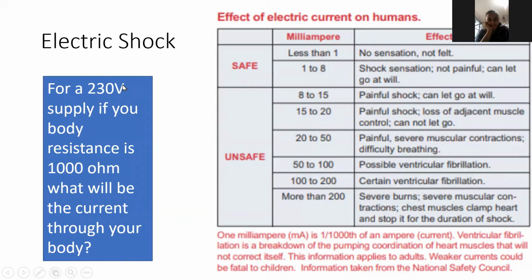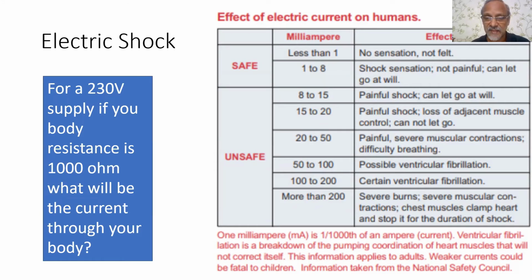You know that your 230 volt is your supply, and generally your resistance is somewhere around 1,000 ohms. So when you play with electricity, understand that the current that can pass through your body, which you just calculated, is 230 milliamperes. 0.23 ampere is 230 milliampere. Clear?